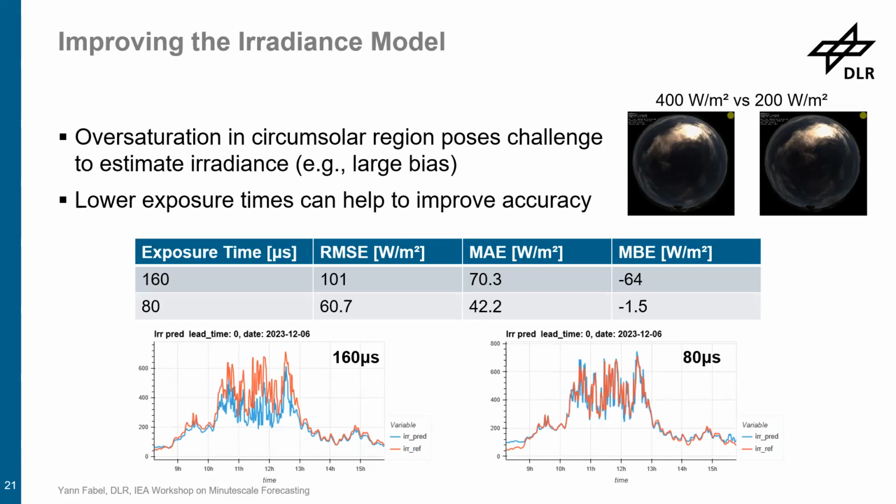And we reduced this bias a lot. We are not quite 100% sure where it comes from, but our guess is that due to the large amount of oversaturation in higher exposure time images, the model is just unsure and is more conservative.